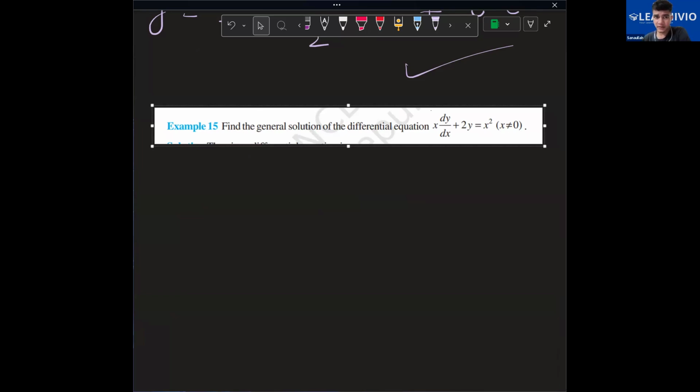Ali, how many arbitrary constants are there in this equation? One. Right. Okay, do this question.